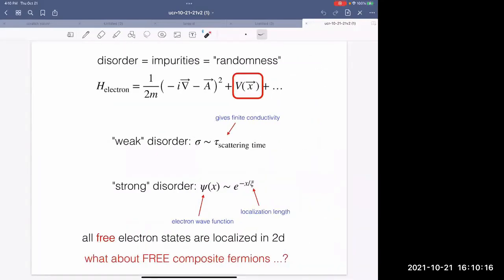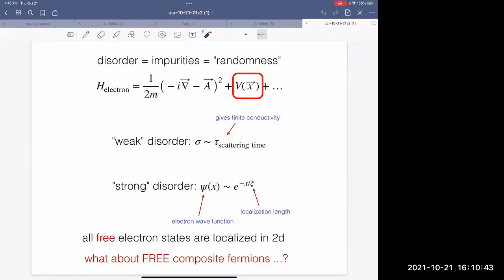The picture of randomness in electron systems is that when the disorder is, quote, weak, the role of disorder is to impart a finite conductivity to the system. The conductivity is finite, and its order of magnitude has to do with the scattering time of these particles as they scatter from one impurity to another.